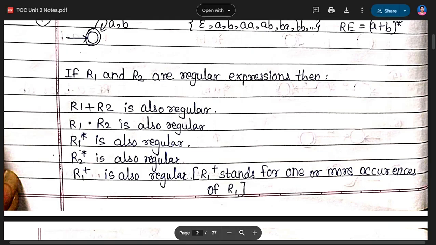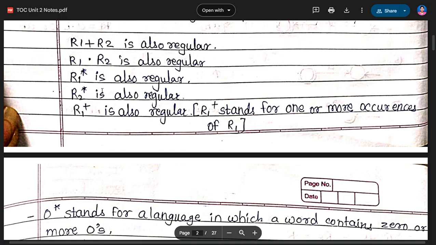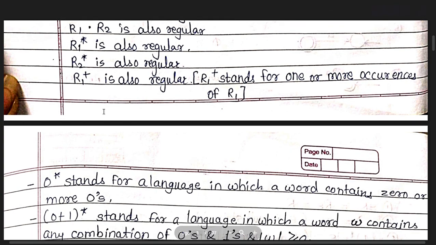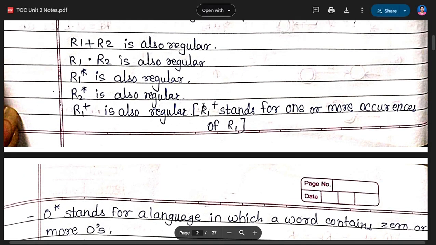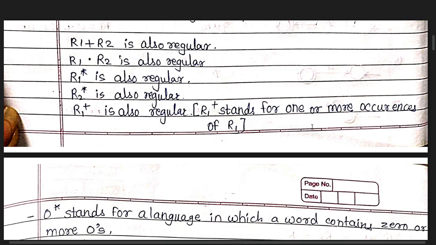R1 star, the star or closure expression, is also regular, and R1 plus is also regular. Here the plus stands for one or more occurrences of R1.